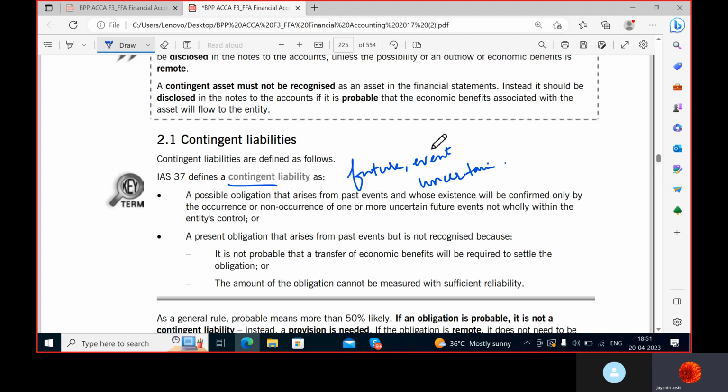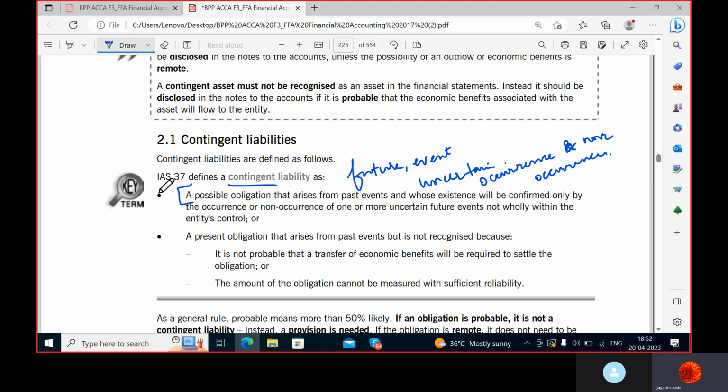So it is related to a future uncertain event, and whether the liability will be incurred or not will depend upon the occurrence or non-occurrence of that future uncertain event.